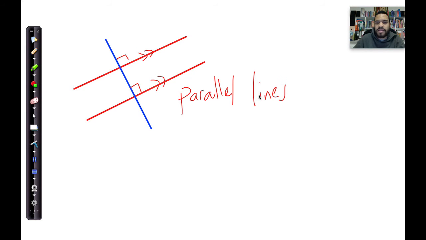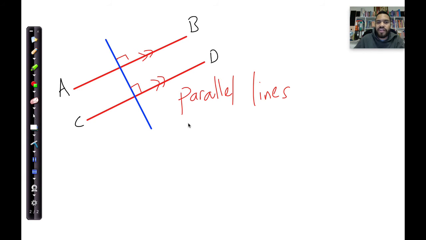Now, there's something special about parallel lines. Their inclination, or their gradient, or their slope are equal. So if this is my line AB and this is my line CD, if they meet at a right angle like this, or the gradients are the same, or these two lines never ever meet, then I can say that these lines are parallel.